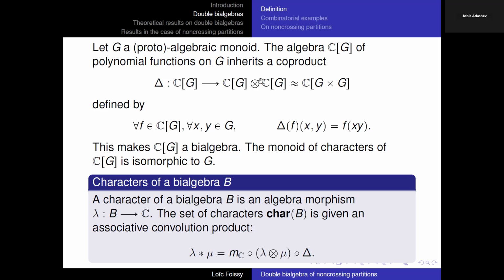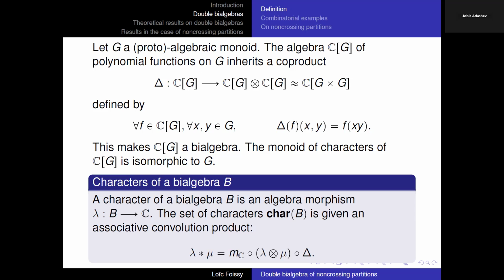Well, you can consider this object with this coproduct, and it turns out that you can go back to the monoid, considering its characters. So a character of a bialgebra is just an algebra morphism from B to the base field. And in fact, in the algebraic case, this set is in bijection with elements of J. This is the Nullstellensatz, in fact.